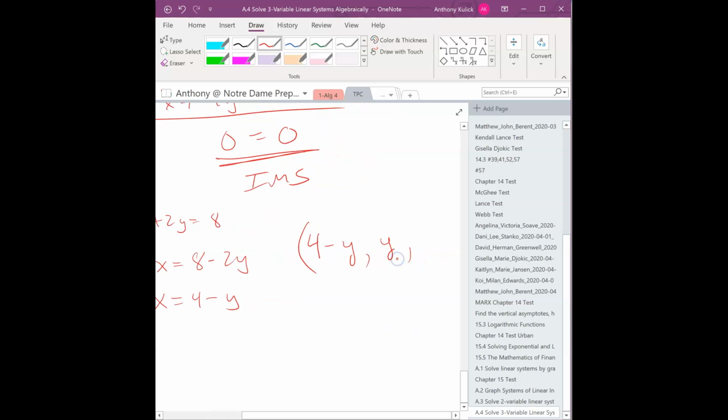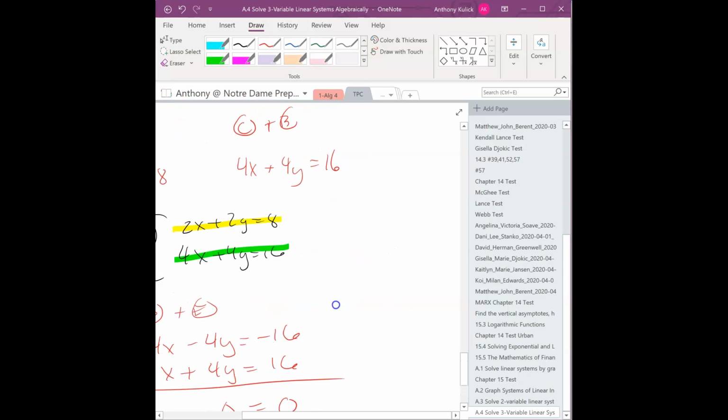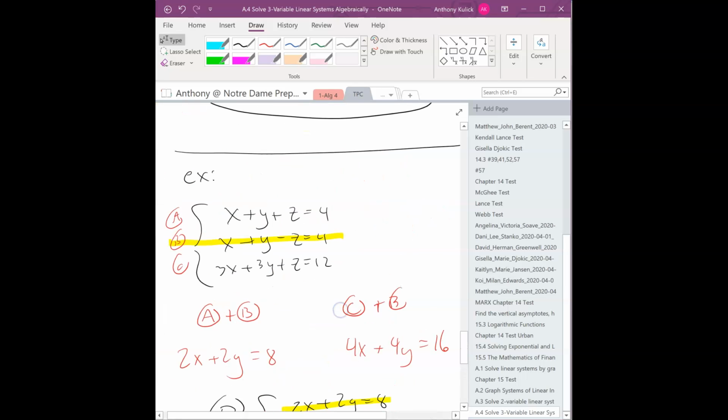And the last thing I need to do now is find my z. To do that, I'm just going to go back to my original equations and pick one. It doesn't matter which one for the sake of argument. Let's pick A. Since all the coefficients are just 1, that'll make life pretty easy to deal with.